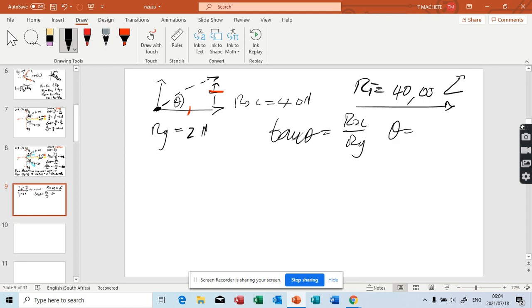And then theta will be arctan of 40 over 2. 87.14 degrees. I don't know why they got that value.